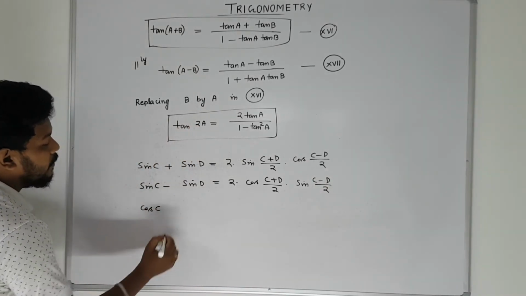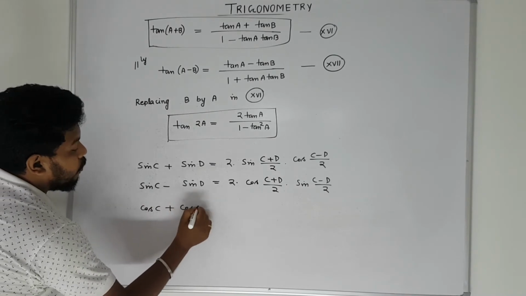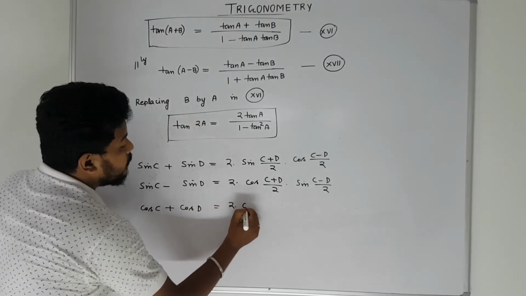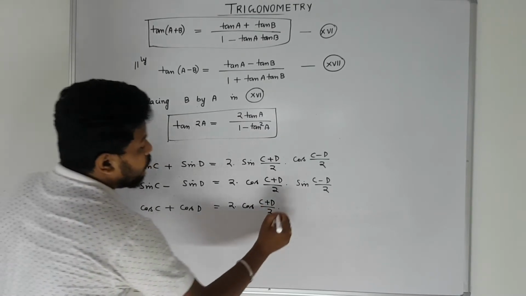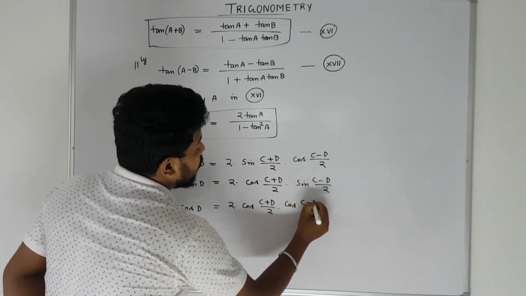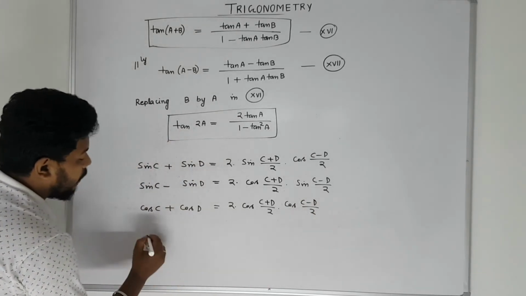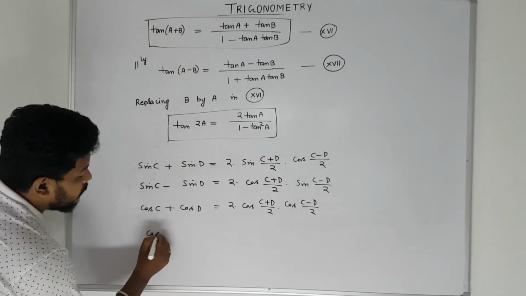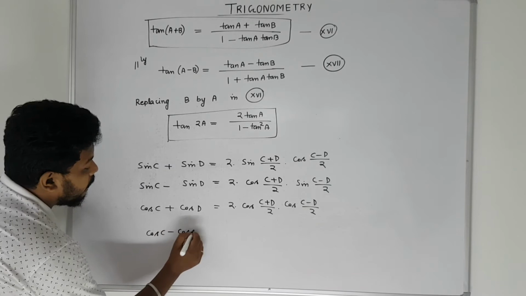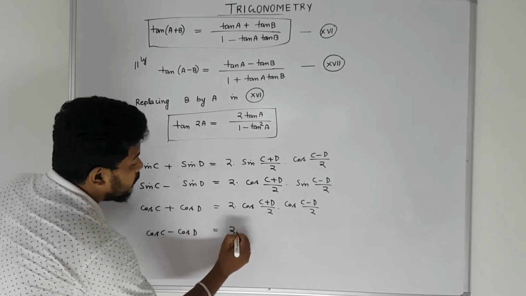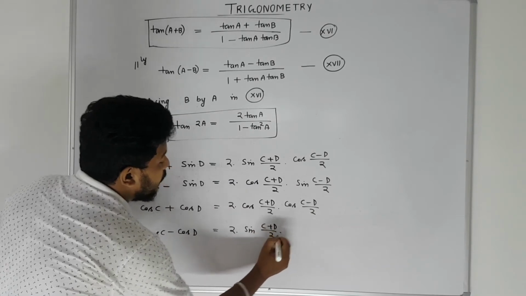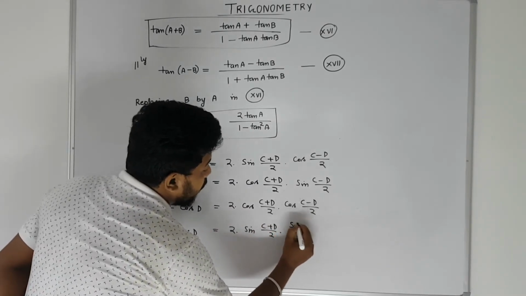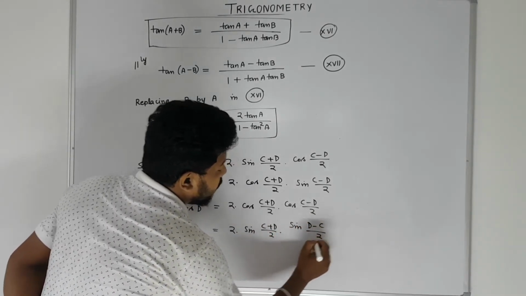Cos C plus cos D is equal to twice cos (C plus D) by 2 into cos (C minus D) by 2, and cos C minus cos D is equal to twice sin (C plus D) by 2 into sin (D minus C) by 2.